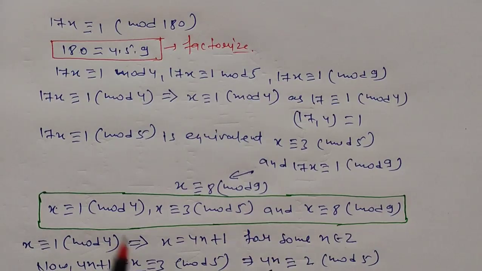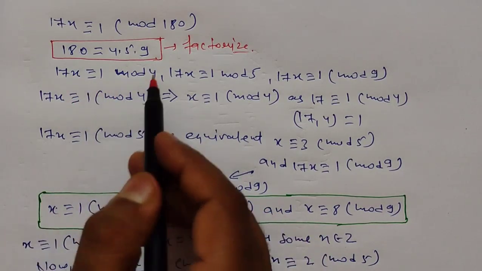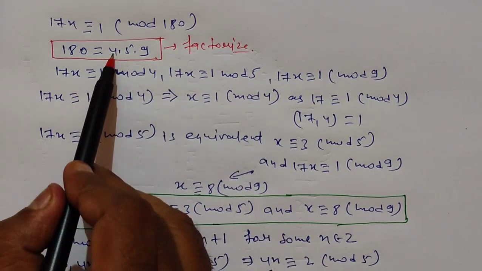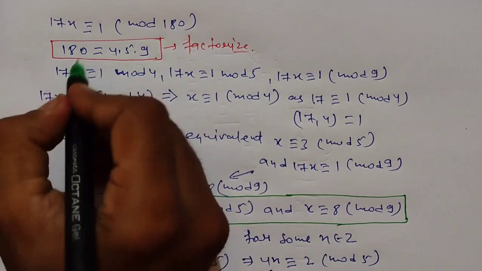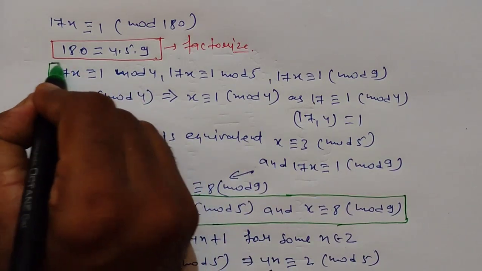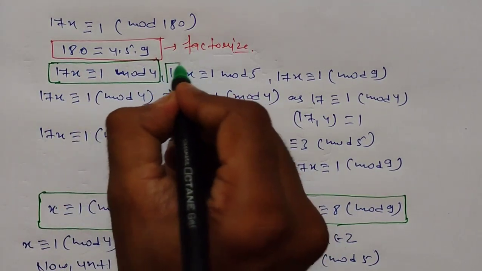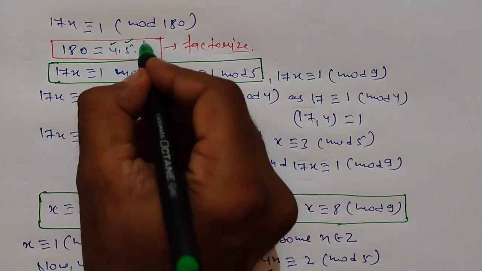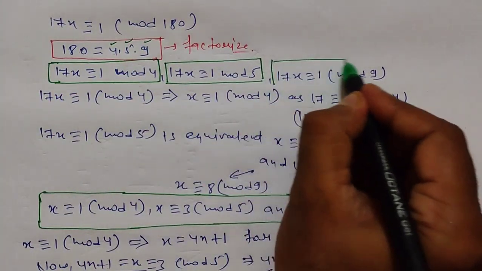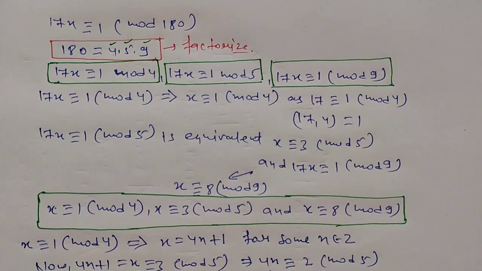For the divisibility by 4, 5 and 9, we have the results as 17x congruent to 1 mod 4, the second 17x congruent to 1 mod 5, and 17x congruent to 1 mod 9.